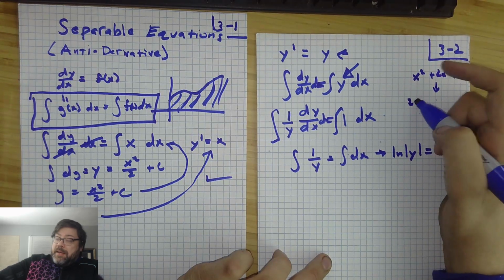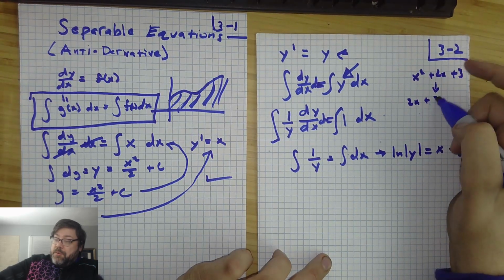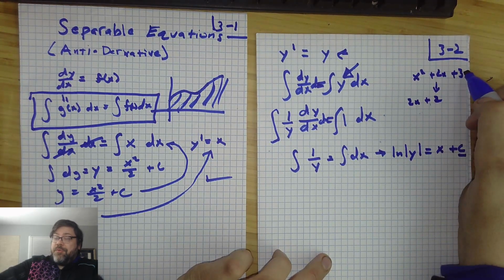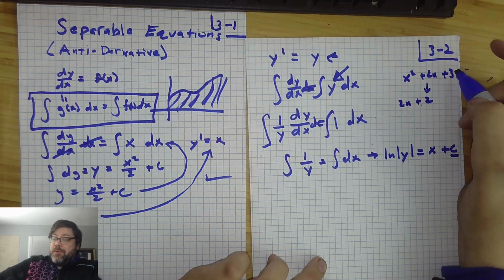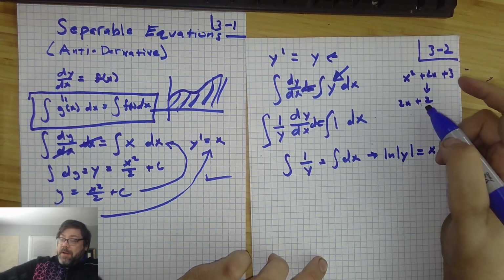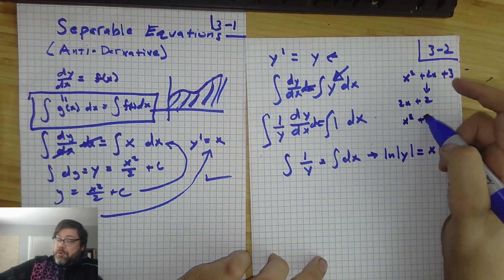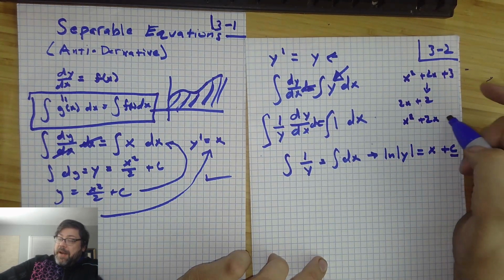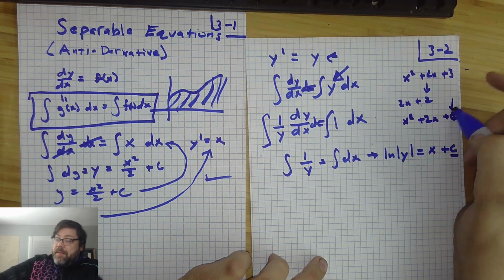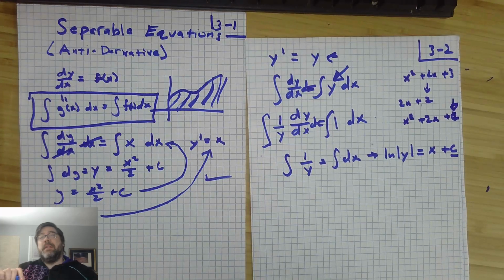I get 2x plus 2, right? And this 3 goes away because the derivative of a constant is zero. What happens when I take the integral? I get x squared plus 2x, but I have to realize that I lost this 3. And that's where I put in this constant, right?